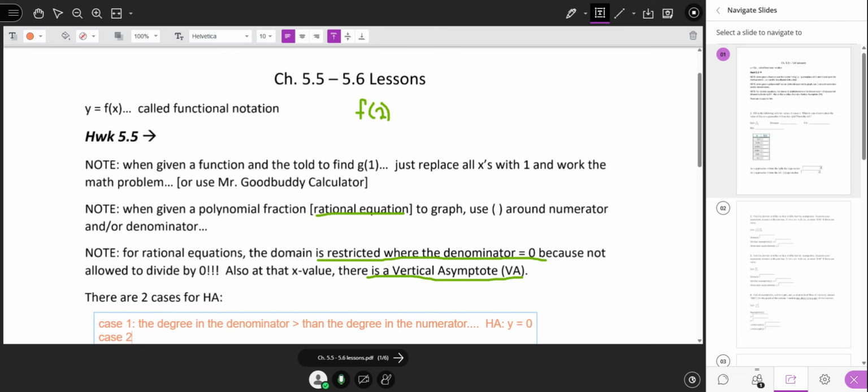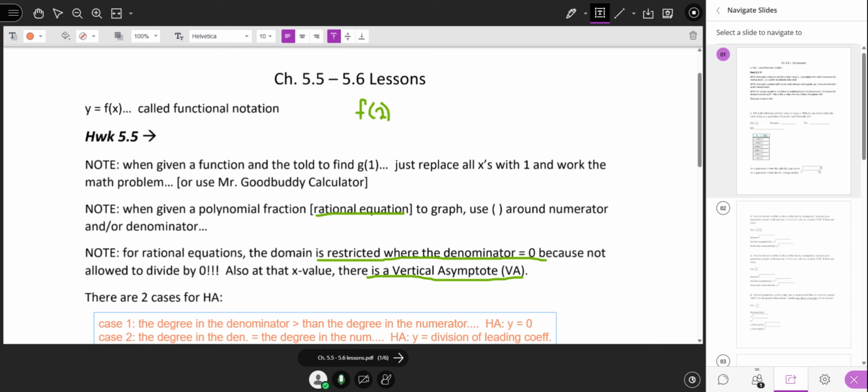Case 2: the degree in the denominator, when I say in the denominator, I mean in the bottom of the fraction, equals the degree in the numerator. In that case, the horizontal asymptote is y equals the division of leading coefficients.